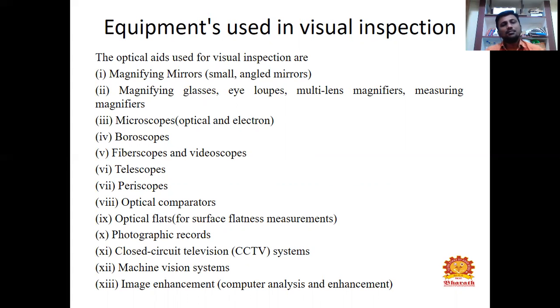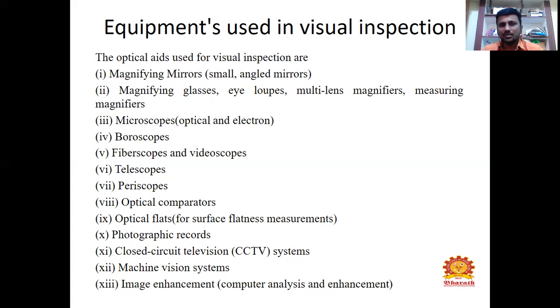These are the major equipment used in the aided visual inspection method. So we already discussed the two types of visual inspection, aided and unaided. In unaided, we directly use the naked eye.